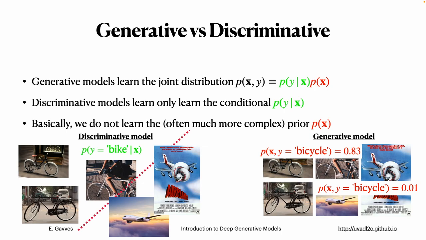So x is not the semantics, it's just the pixels. What's the probability for these pixels to be showing a bicycle? Well, very low, right? Whereas here, the same probability is much higher. It's much more likely to be a bicycle.